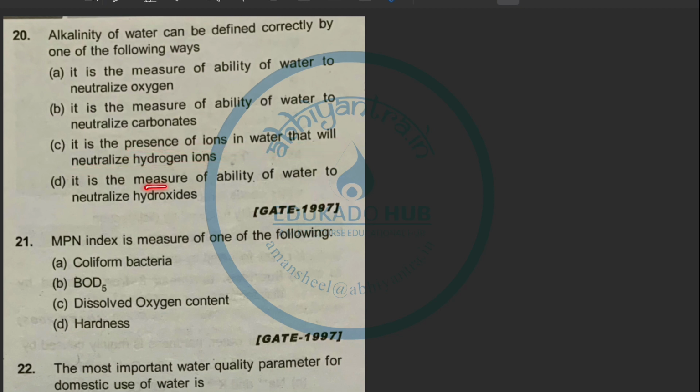And it is the measure of ability of water to neutralize hydroxides. So alkalinity is the capacity of water to neutralize the acid. It is the capacity of water to neutralize any acid solution.